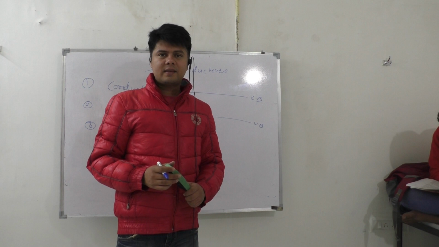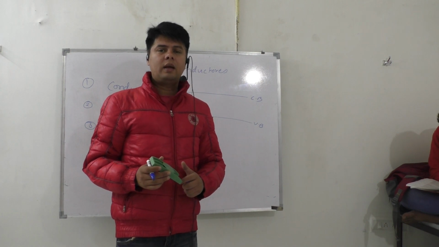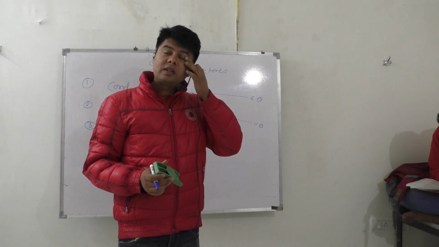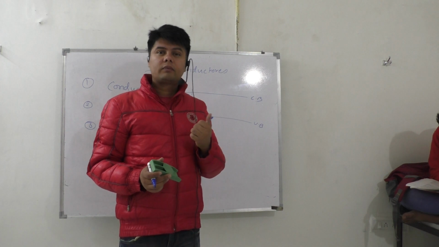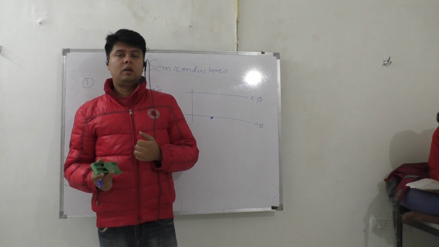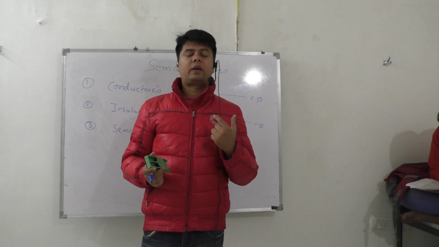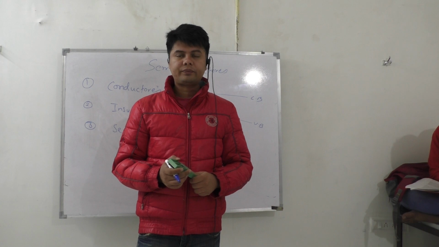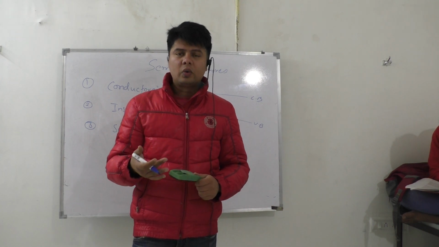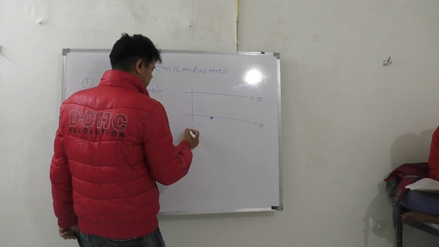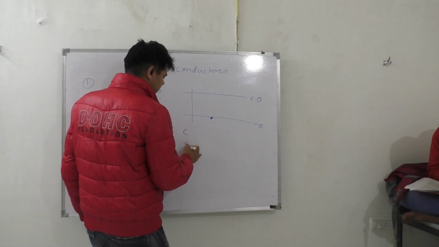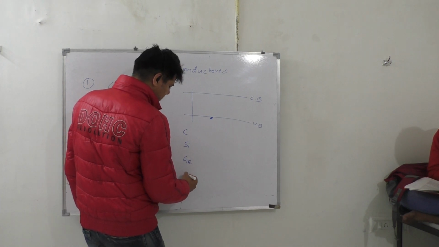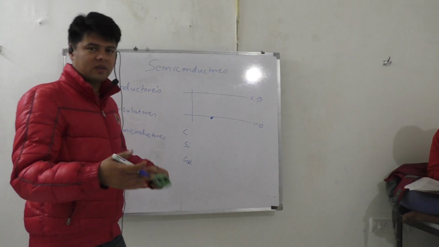Now the question arises, how many materials exhibit the property of semiconductors? The answer is that crystalline materials whose valence electrons are 4 in number are called semiconductors. अगर मैं periodic table की बात करूँ, so fourth group elements are called semiconducting materials, such as carbon, silicon, germanium, tin and lead. हम सारे को डिस्कस नहीं करेंगे.